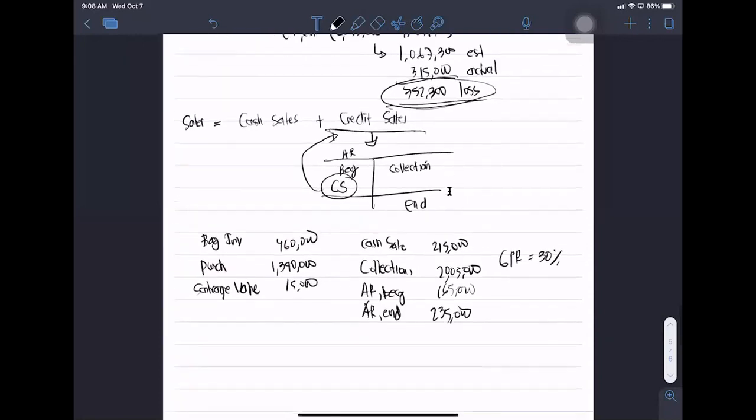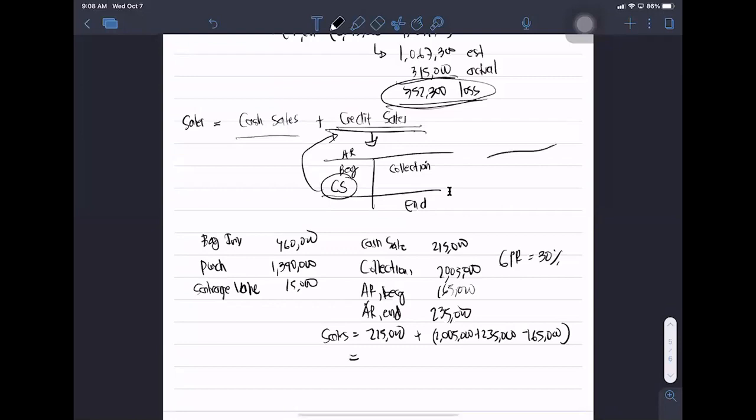So here, hindi na siya straightforward as to our sales. So what do we do? We compute your sales based on cash sales plus credit sales. So how much is your total sales? Sales is equal to your 215,000. And then we have your credit sales, which is equal to 2,005,000 plus 235,000 ending less beginning of 165,000.